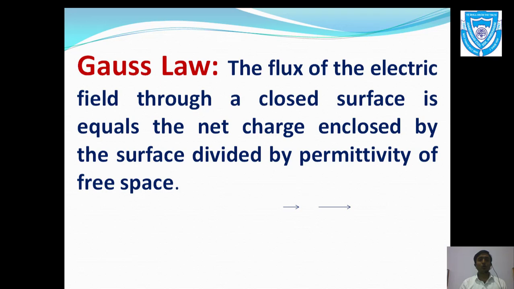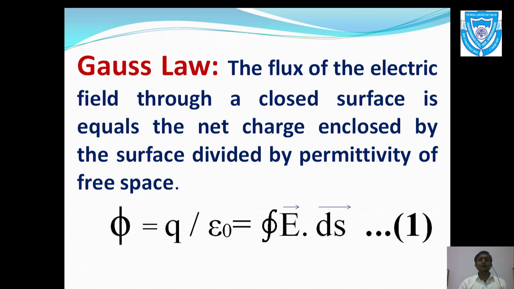Do you know what is Gauss law, which you have studied in 11th class? The flux of the electric field through a closed surface is equal to the net charge enclosed by the surface divided by the permittivity of free space. This is the formula: phi is equal to Q upon epsilon naught, where Q is the total charge enclosed by the closed surface and epsilon naught is the permittivity of free space.